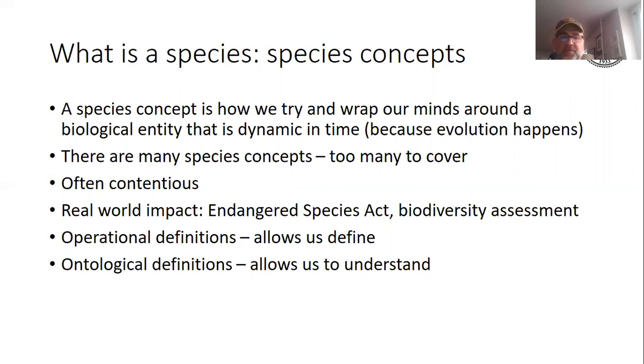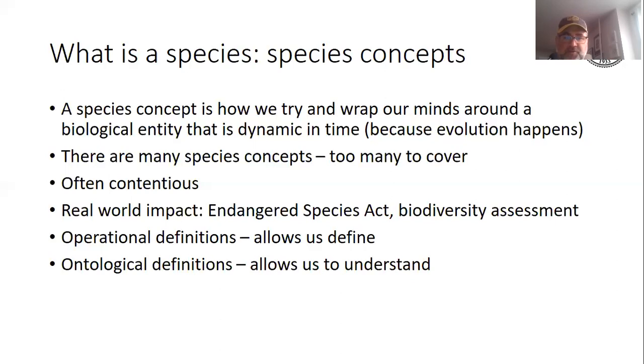I divide up definitions into two approaches. One is an operational definition, and this applies to any object in the world. An operational definition allows us to put boundaries around something. So when we apply operational definitions to species, it allows us to give criteria by which we separate one species from another.